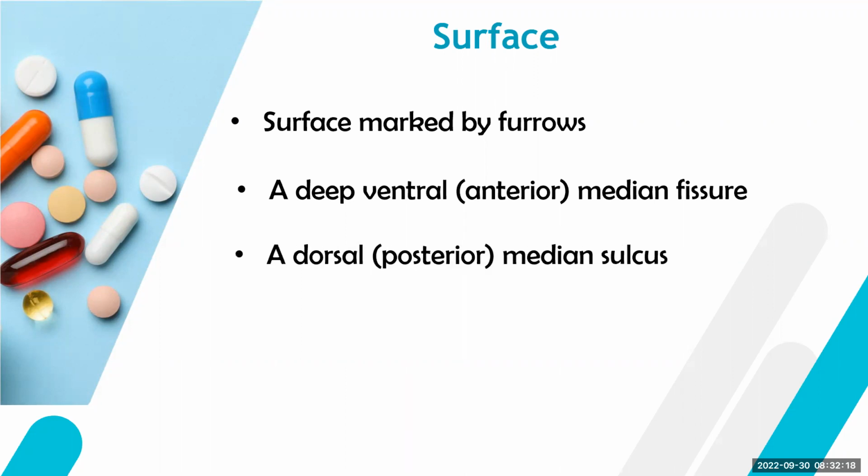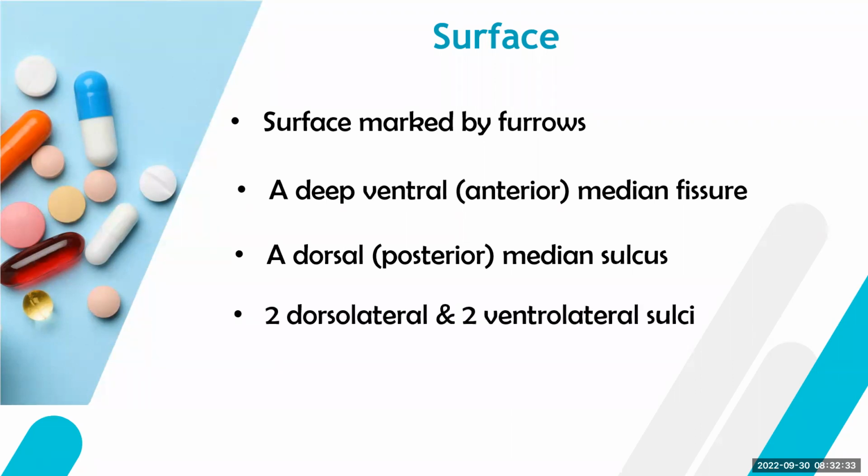Then we have a dorsal one on the posterior side, also called the posterior median sulcus because it is not as deep as the anterior one, so it is a sulcus rather than a fissure. And then we have two dorsolateral and two ventrolateral. So we have one posterior, one anterior, and two on each side.